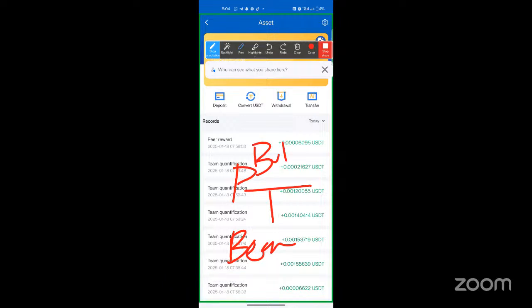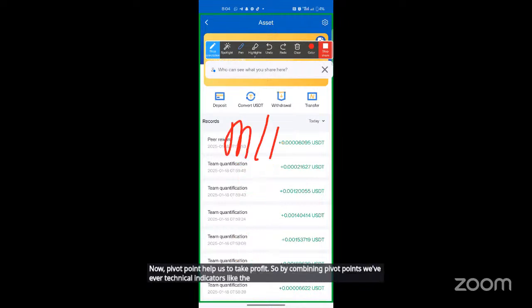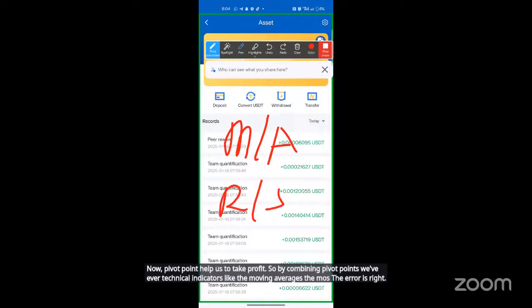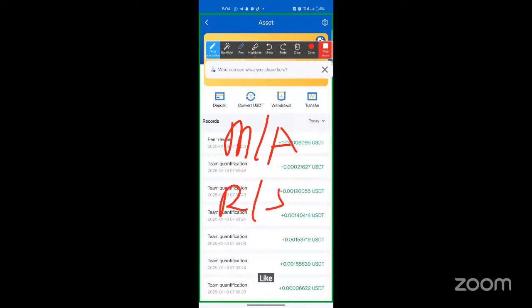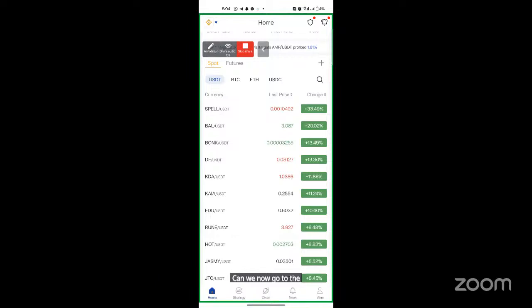Now, pivot points help us to take profit. By combining pivot points with other technical indicators like the moving averages, the MAs, like the RSI, like using candlestick chart patterns, it can help you get more accurate. Can we now go to the practical part?